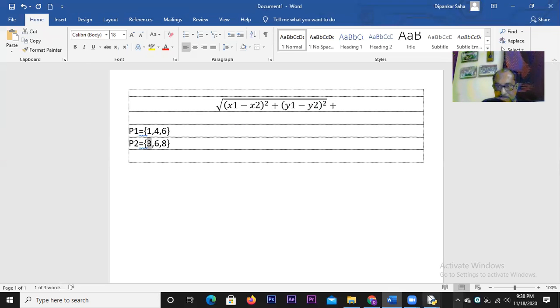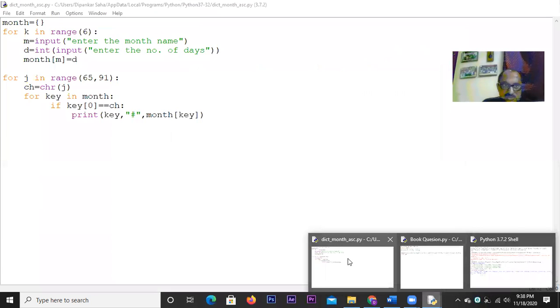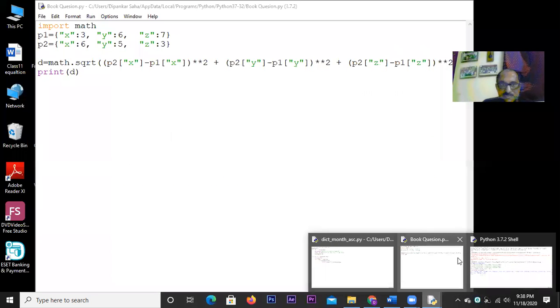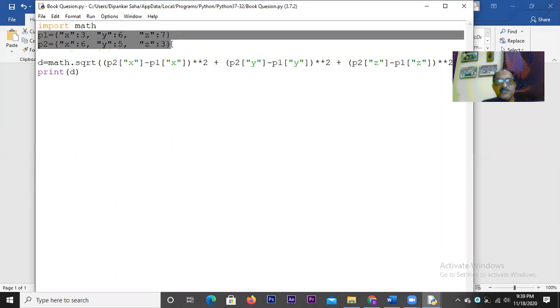That is the formula. So to represent that, this was also given in your textbook, this simple program. So look at this, I just represented two points by two dictionaries. So X, Y, Z are basically the keys. They represent X coordinate, Y coordinate, and Z coordinate, and their values represent the position values.